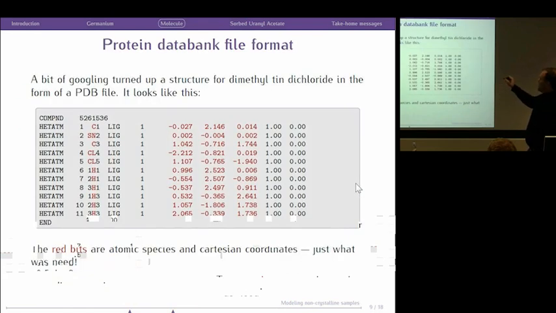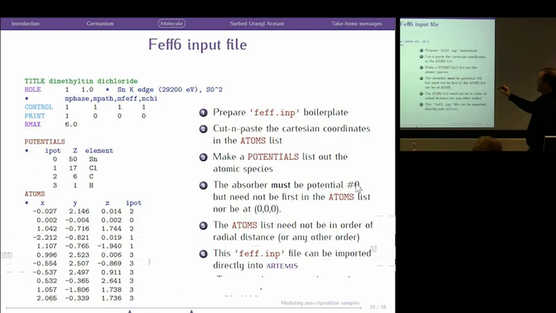The second one is the tin. First and third are carbon, then the chlorines, then the hydrogens. Wrong way. So tin, 2 carbons, 2 chlorines, and a bunch of hydrogens. And the rest of it is just boilerplate that I grabbed from some other Feff input file that I had lying around so that I'd spell all the words correctly.